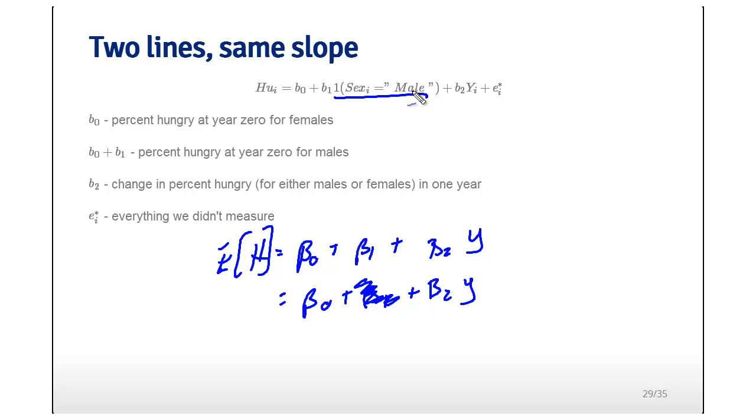So what does that look like? It looks sort of like this: we're saying there's two lines, right? And it's encouraging that the lines are going down.